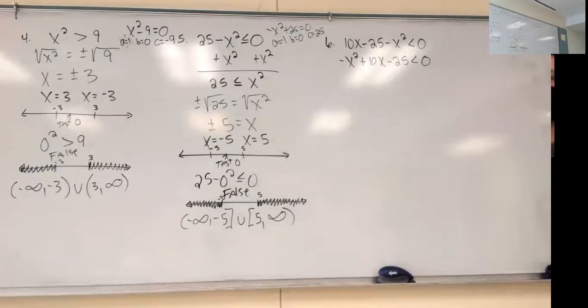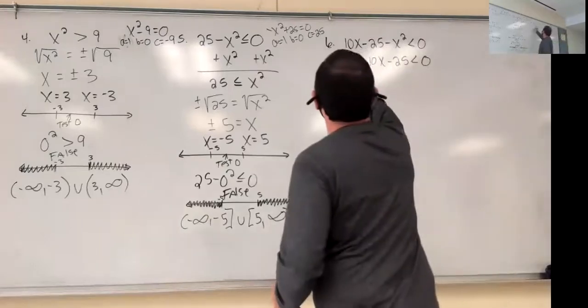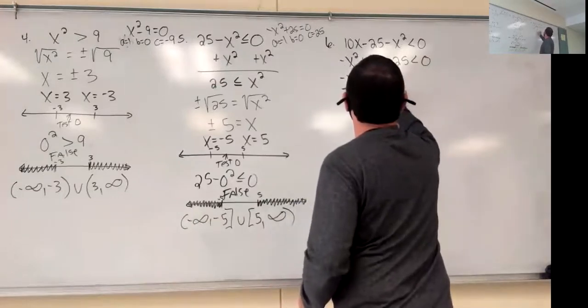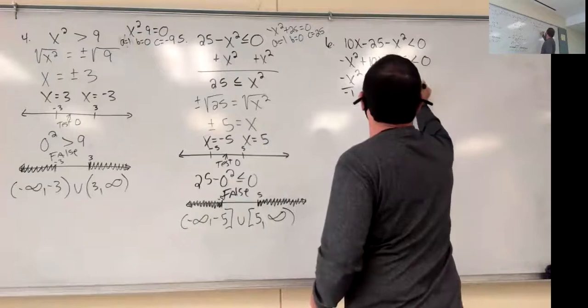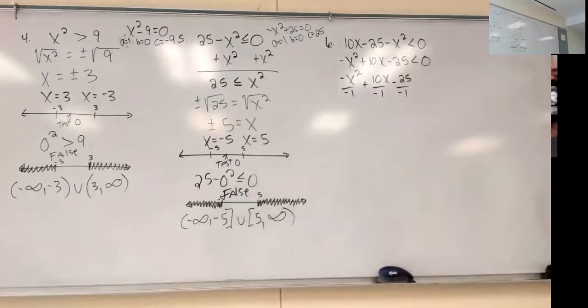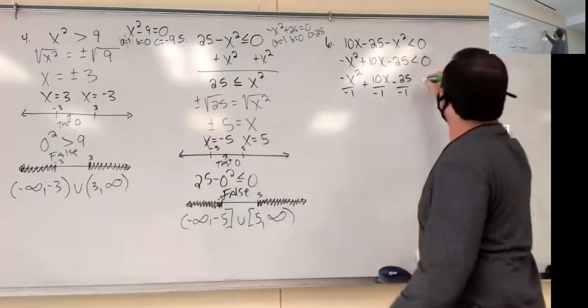I'm going to factor it, and really to factor this, I don't like my x squared being negative. So I'm going to divide everybody by a -1. I just divided by negative, so what you want me to do with that little inequality? Gotta flip that around for sure.